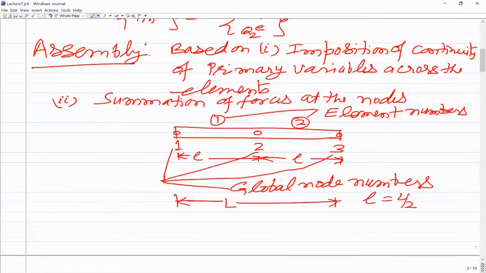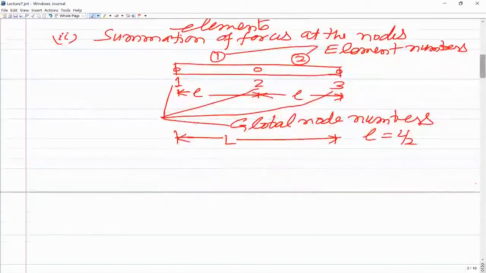As I said, when we are doing the assembly, let us say at node 2 there are two elements. As you see here, element 1 and element 2 are connected at node 2. Of course, between 1 and 3 there is no connection, but at node 2 there is a connection.